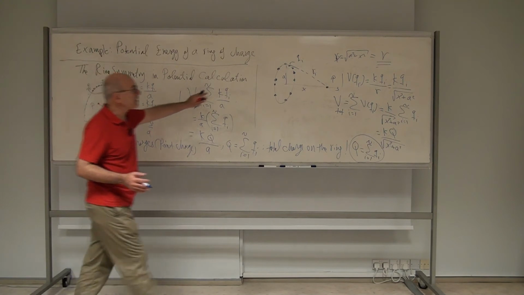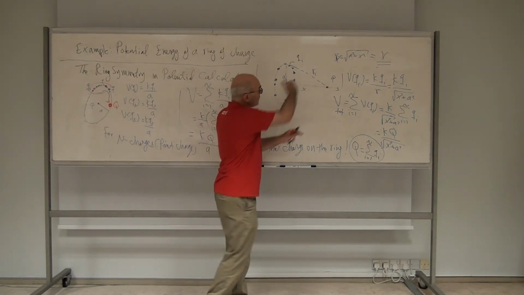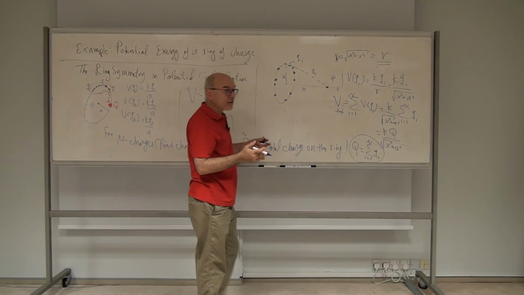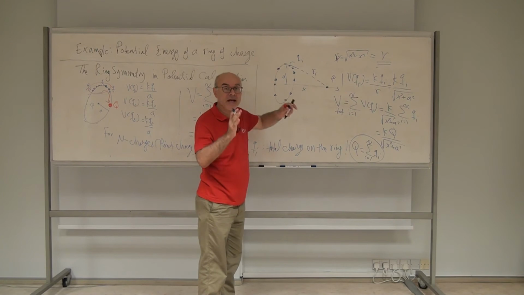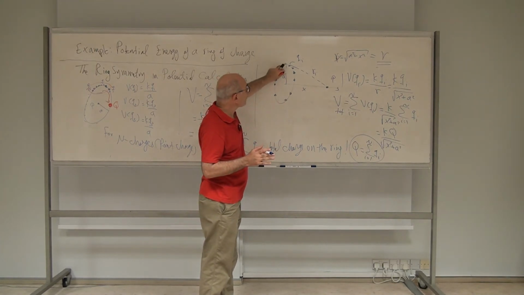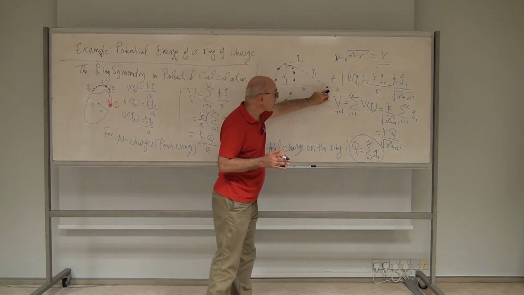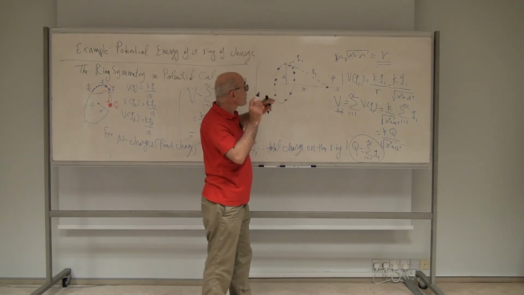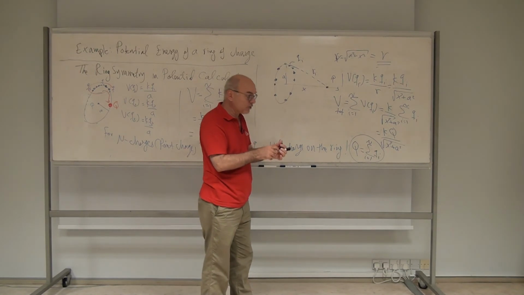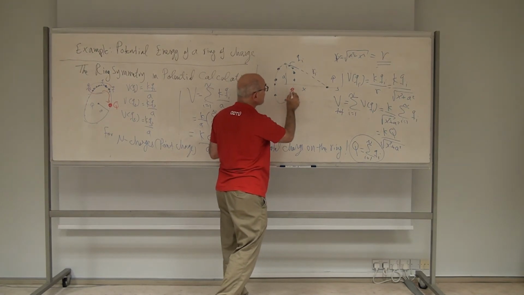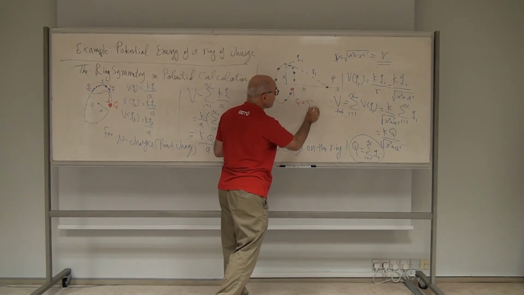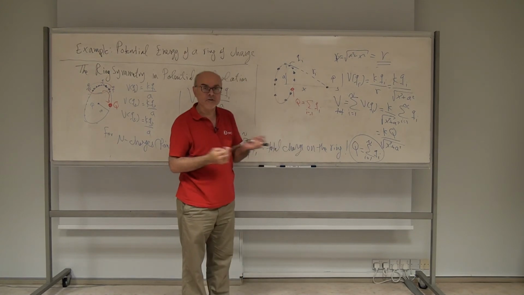So even off the center, but along the axis of the ring, whether to this side or to this side, the electric potential of many point charges, no matter what the number is, no matter what the magnitudes are, at a point here is just equal to the potential of a single point charge Q, placed wherever you like on the ring, having the same magnitude, which is the sum of all these point charges, okay?